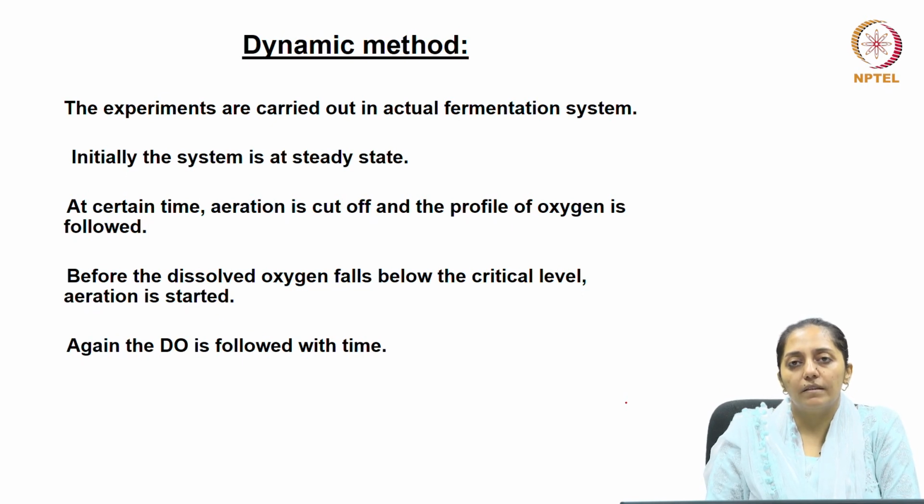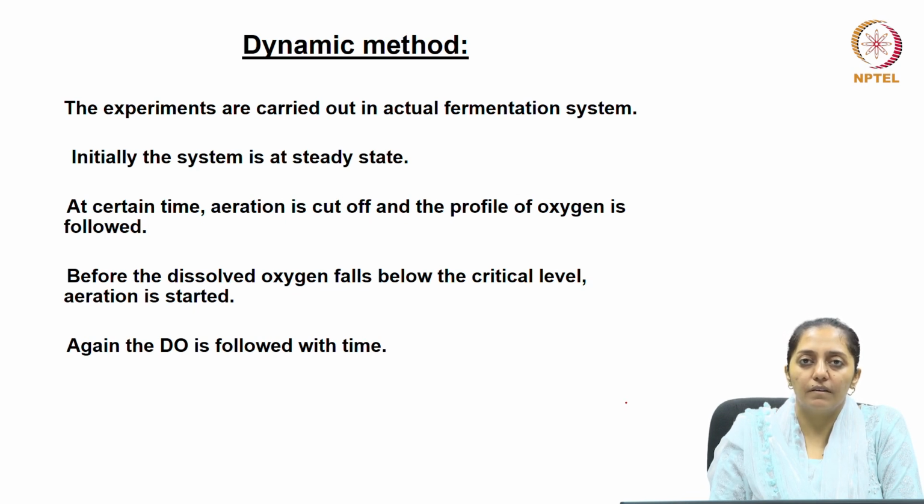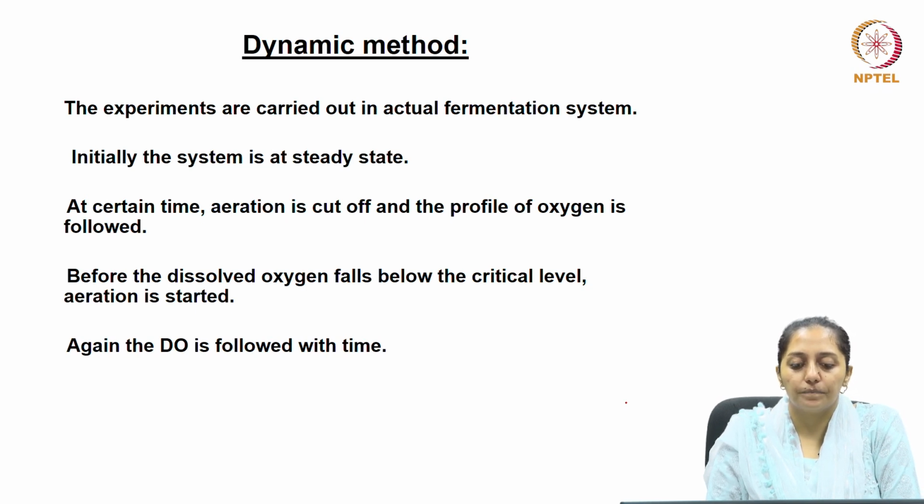There is another method called the dynamic method, which will give you a better approximation of KLa, because there will be culture growing inside the fermenter system. So, it is much closer to a real situation.